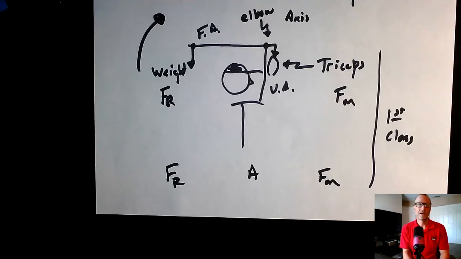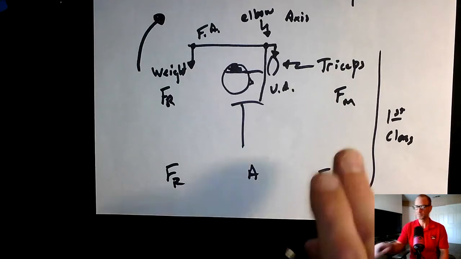So that would be another example, with the axis of rotation being right at the condylar bone, and that would therefore be an example of a first-class lever.